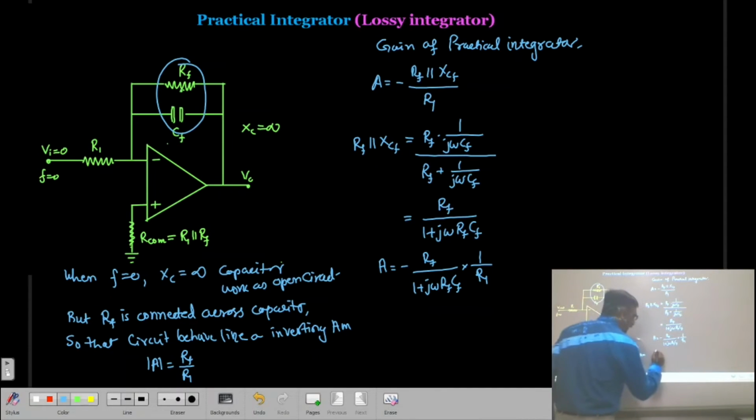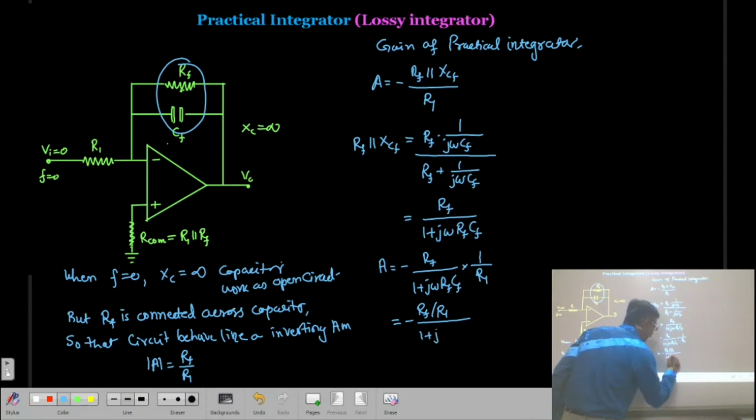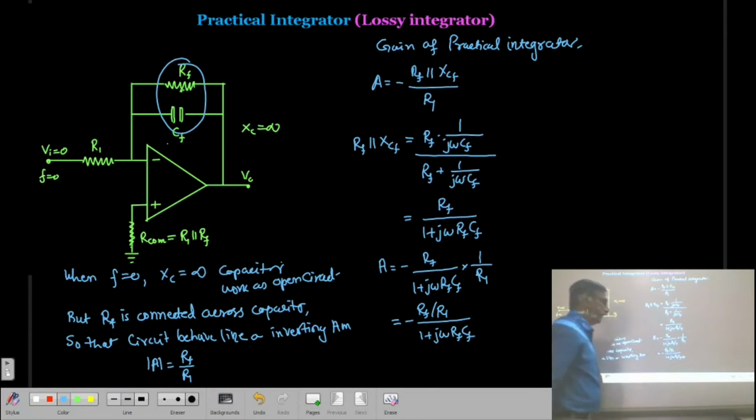And this thing I can write as minus Rf by R1 divided by 1 plus j omega Rf into Cf. So this is the gain of the amplifier, the gain of the practical integrator circuit.